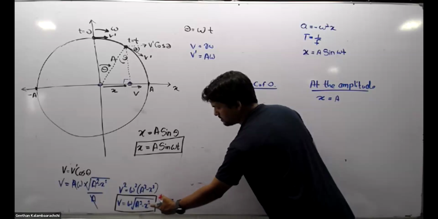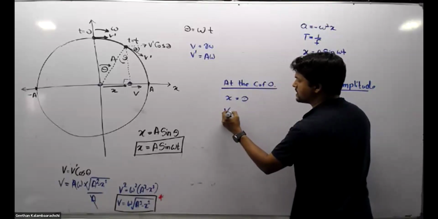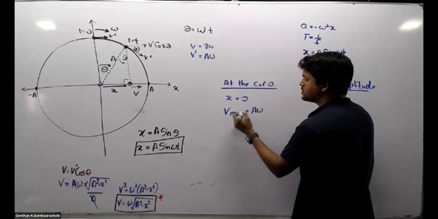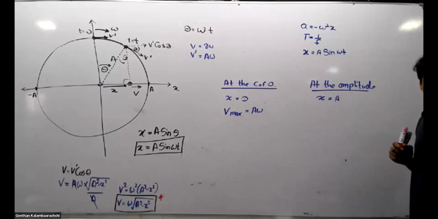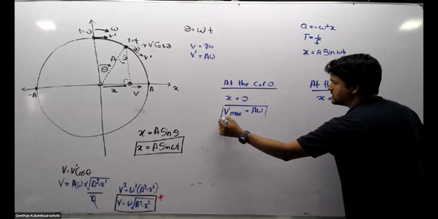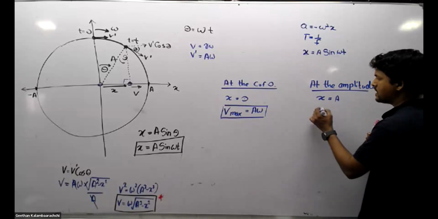What do you get? The square root of A squared minus 0 is A, so V equals A omega. That is the maximum at the center. So we just found out what the maximum speed is: A omega. The maximum speed of a simple harmonic motion is A omega. And here, what do you get?